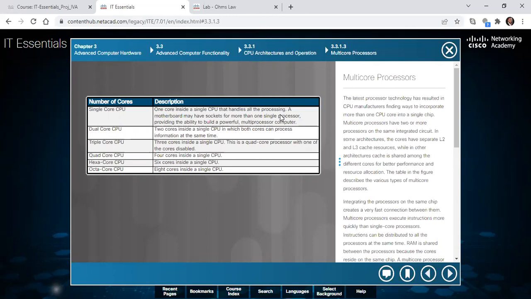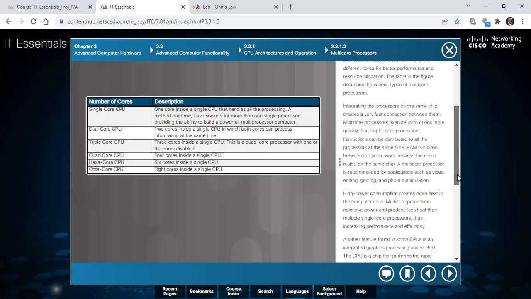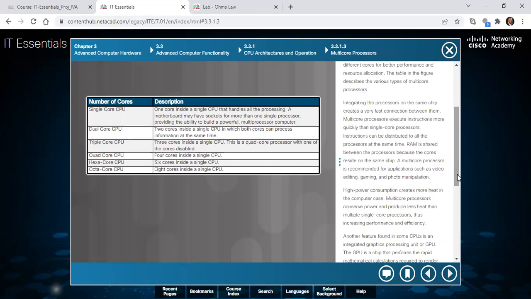So the table in the figure describes the various types of multi-cores. We're going to look into that table as we finish this. So it says integrating the processors on the same chip creates a very fast connection between them. That's one. A multi-core processor executes instructions more quickly than a single core processor.